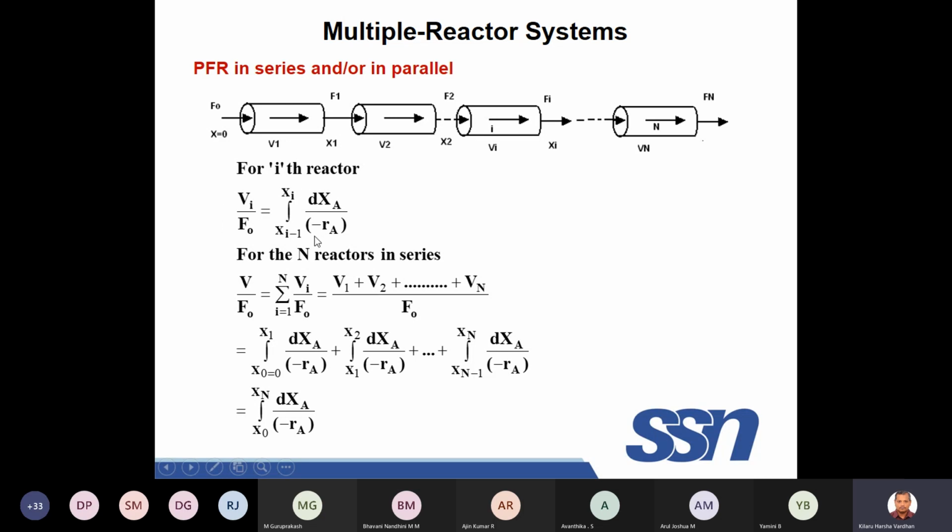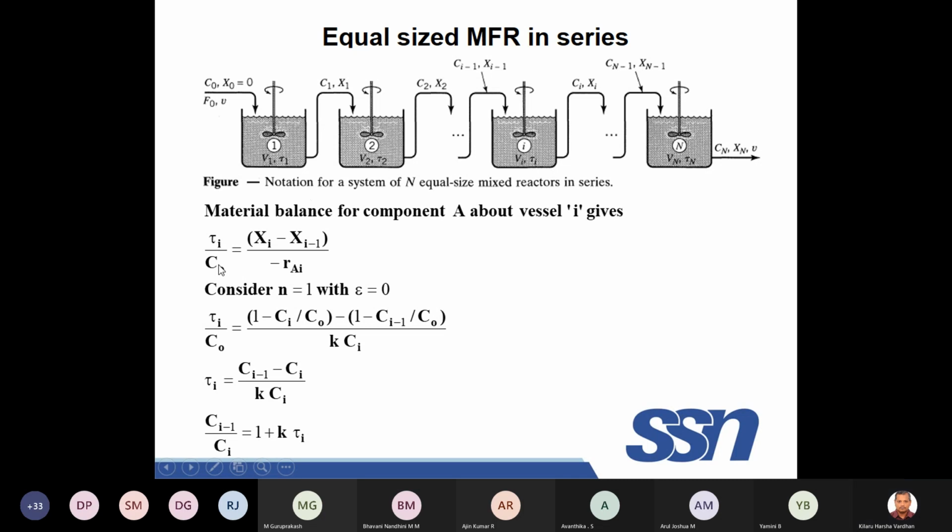So if you can remember, you remember. Otherwise, you have to write the material balance and work it out. We already did that in the previous classes, which is why I didn't do it here. Tau i by C naught is xi minus xi minus 1 by minus Rai.